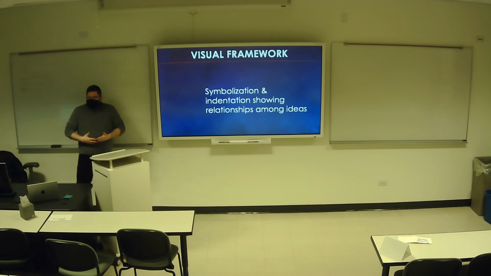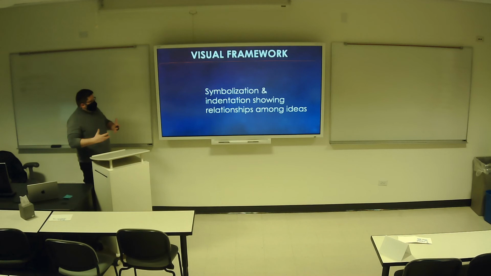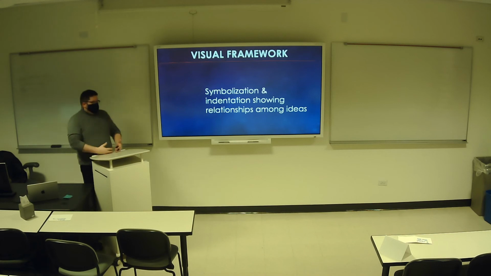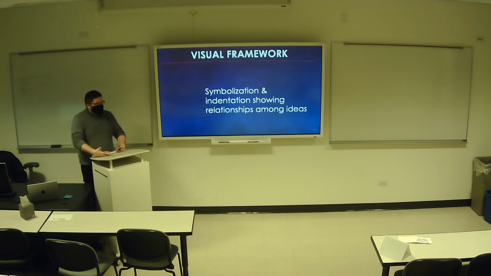The outline gives us this visual framework. This visual framework is the symbolization and indentation that shows the relationship among ideas. You may do this in an English class as preparation to writing a paper. But for us, that symbolization, that indentation, understanding the relationship among ideas is central to our delivery of our speeches.